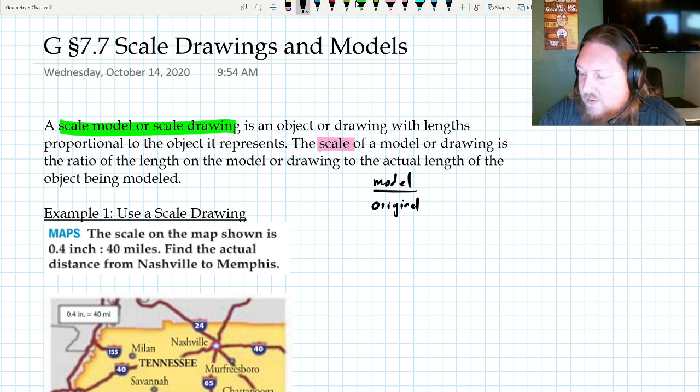But they can have different things, like the model could be in inches and the original could be in feet. So you just have to keep in mind what the units are for each one, so that you can come up with the correct results. You might have the right number, but the number has to make the right kind of sense.